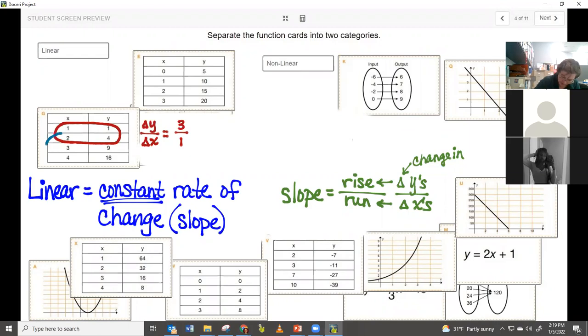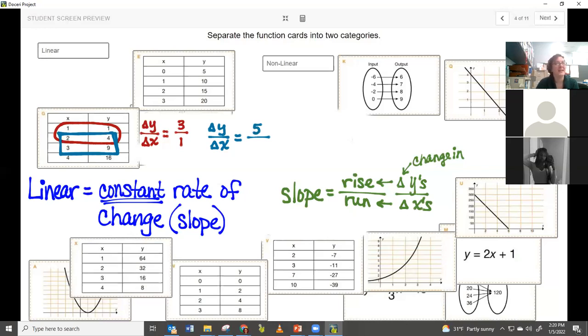Now I'm going to look at these two. So just this light blue rectangle, ignore the red for right now. And I'm going to look at the change in Y again and the change in X. So the Y went from 4 to 9, bigger or smaller, and by how much? 5 bigger, yes.